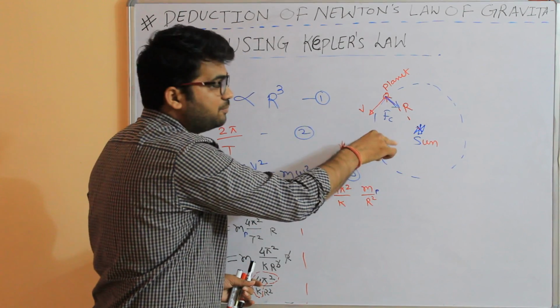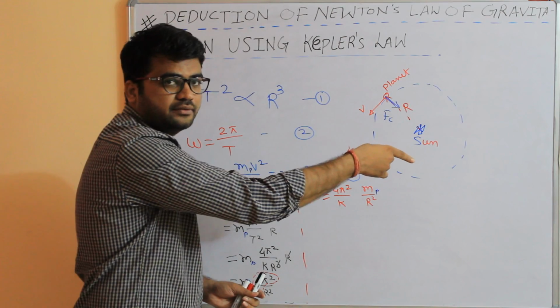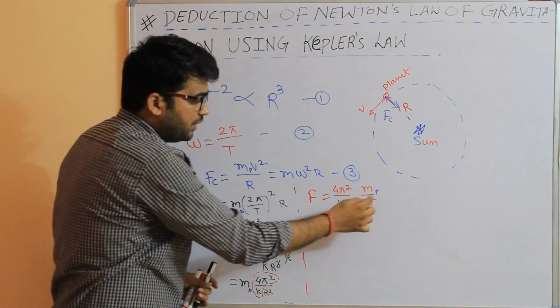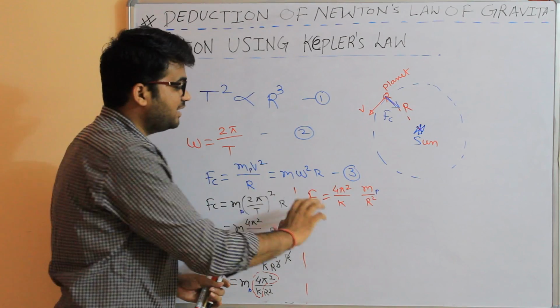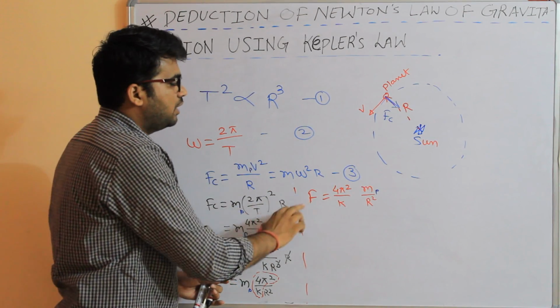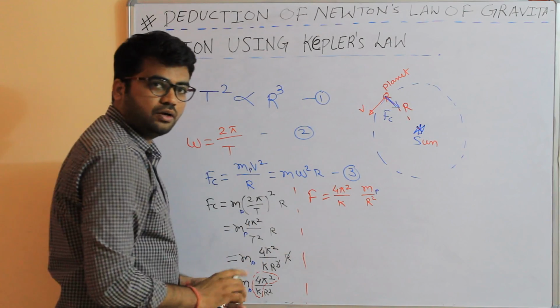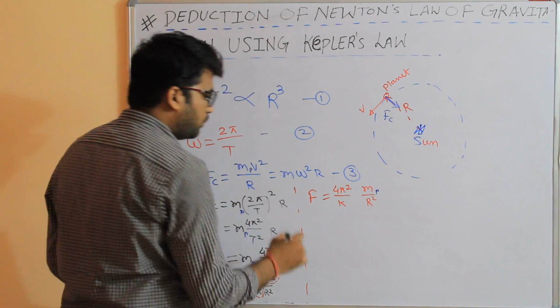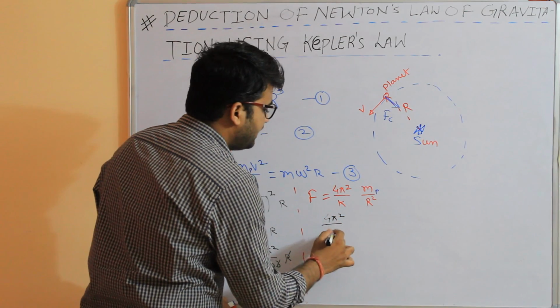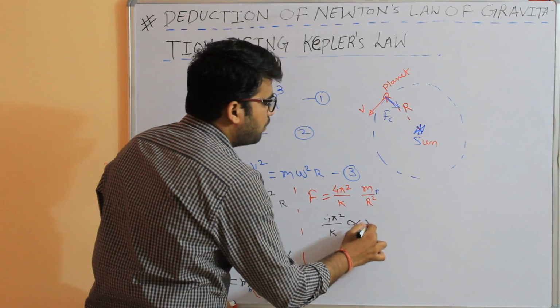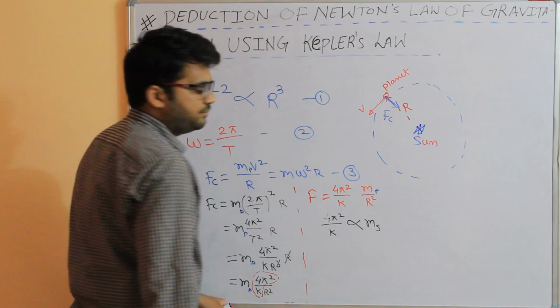So that force must be proportional to the mass of the sun then, isn't it? Here we have the mass of the planet, and here 1 by r square, that is the inverse square law. So he proposed that this 4 pi square by k must be directly proportional to the mass of the sun.